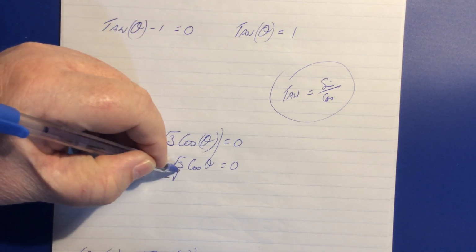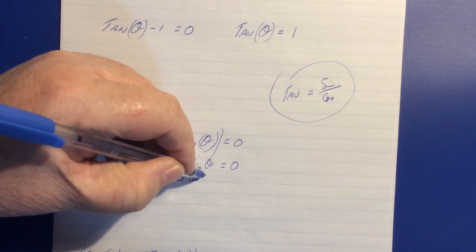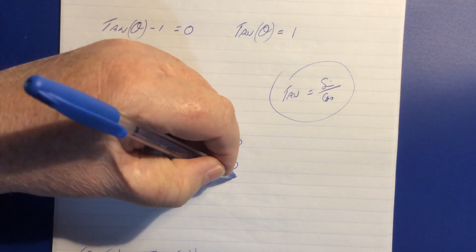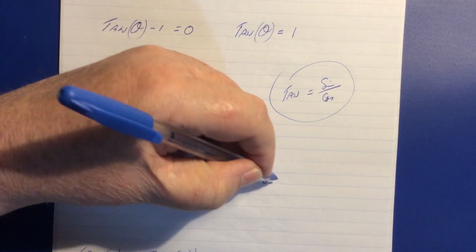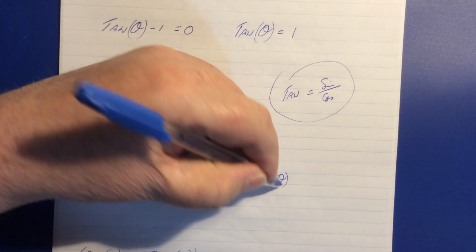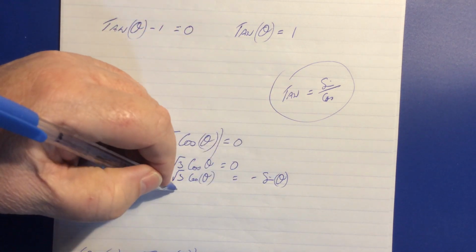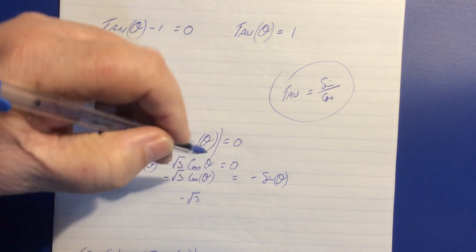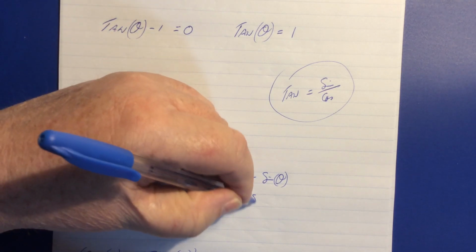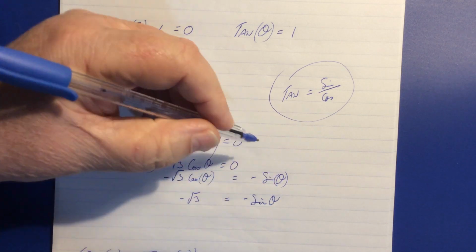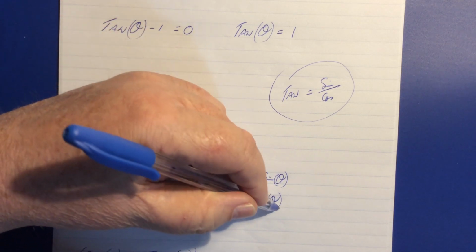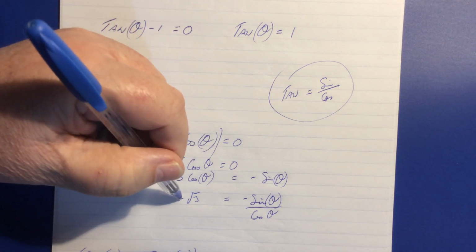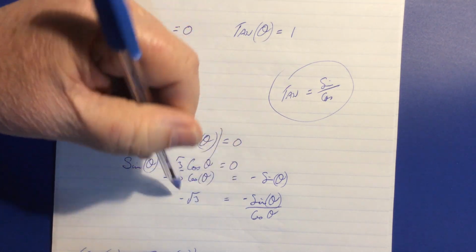Right. So let's just keep going. Root 3 cos theta is going to equal negative sine theta. We're just rearranging this. Negative root 3 is going to equal negative sine theta over cos theta. Now, get rid of the negatives.